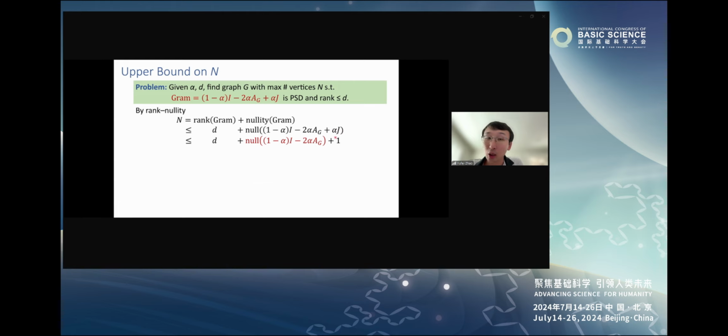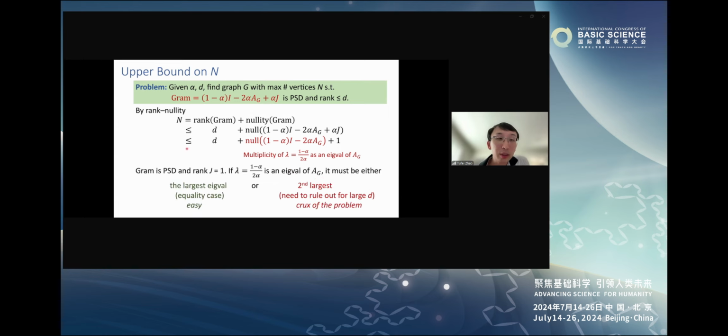I can take it out at the cost of adding 1 to the upper bound. And already you see that this nullity term is precisely the multiplicity of this lambda as an eigenvalue of the adjacency matrix. So already you see that eigenvalue multiplicity plays a role in the equiangular lines problem, right? So this is a link between the equiangular lines on one hand and eigenvalue multiplicities on the other hand.